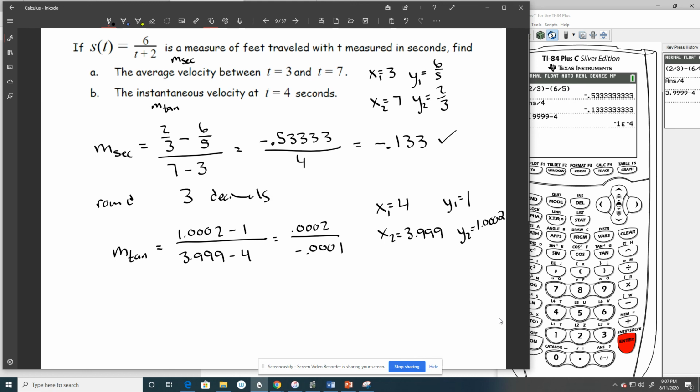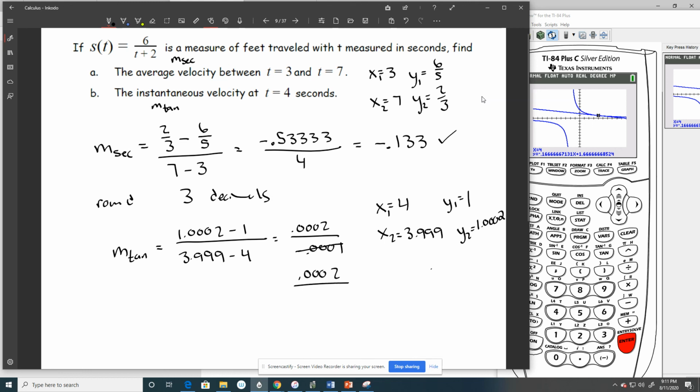Okay, so when I divide these, no, we have an extra 0 here. 0.0002 over negative 0.001.